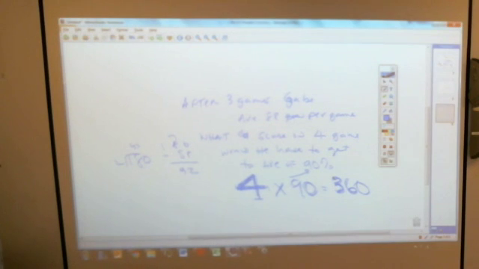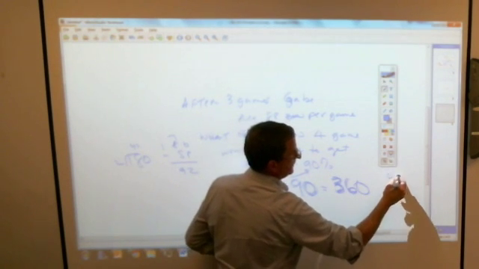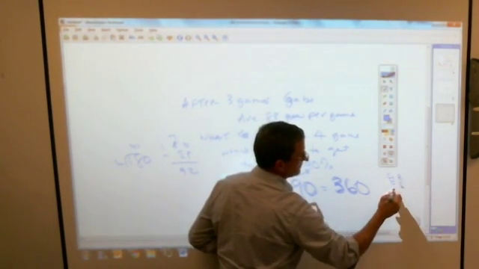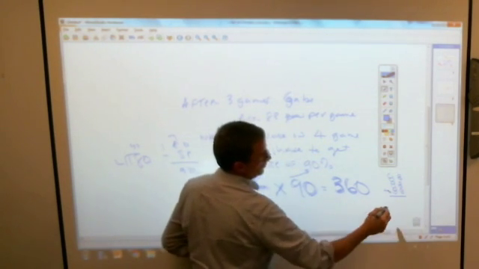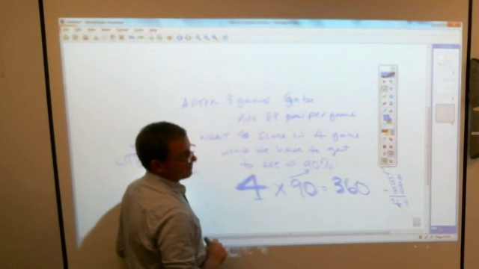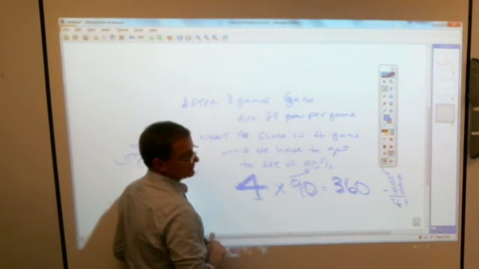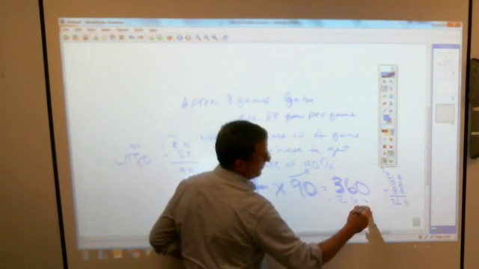Well, how many pins does he have right now? He had 3 games of 88. He's got 3 88s. So far he has a total of 264. He needs to get 360, so you have to do the subtracting there.